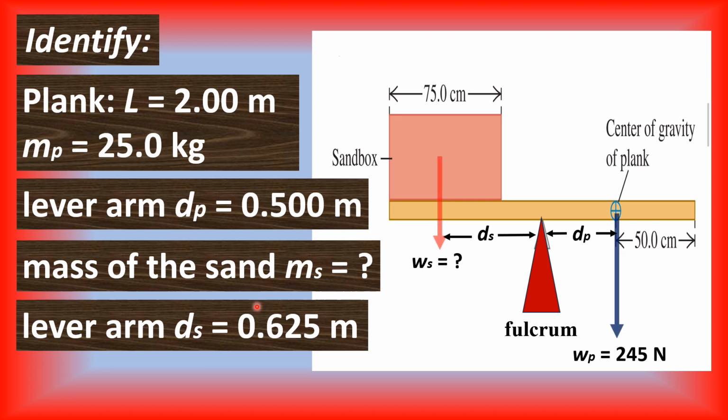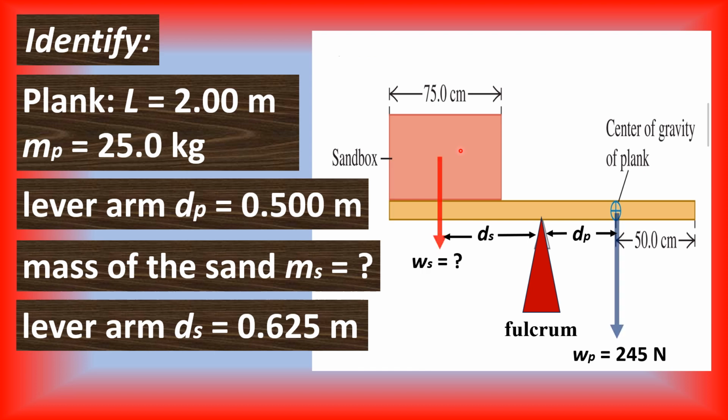Since the sand is uniformly distributed in the sandbag, the center of gravity of the sandbag is at its geometric center. And this geometric center is half of its width, or that is one half of 75 centimeters, all right, equivalent to 37.5 centimeters when measured from the left end of the plank.